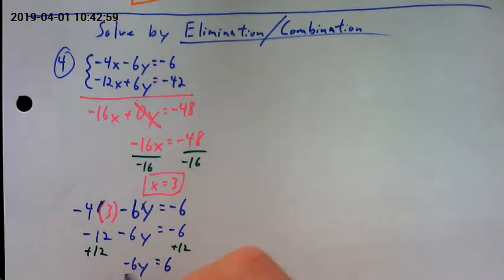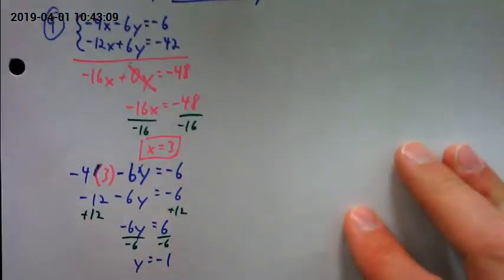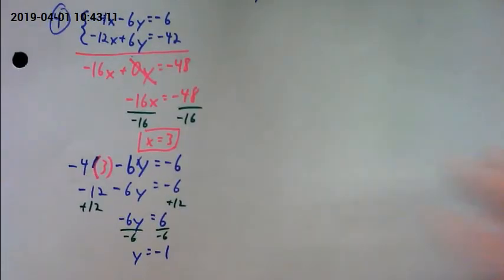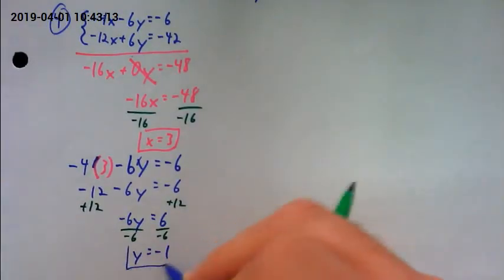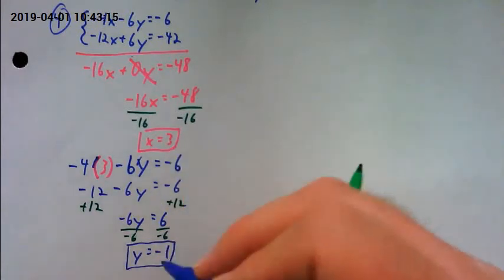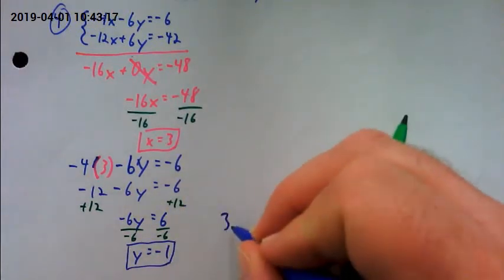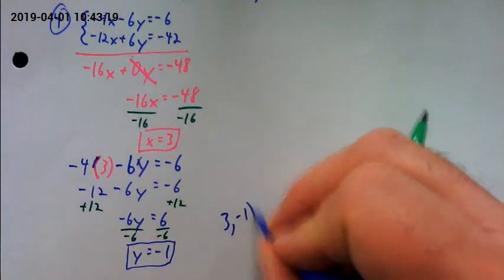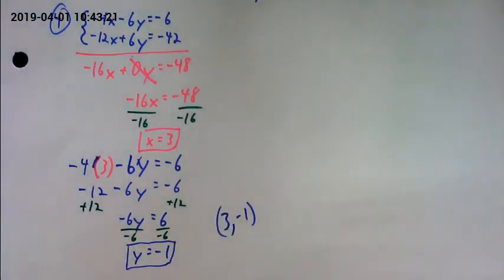And finally, get rid of this negative 6 by dividing it off. And y is negative 1. Oops. So our answer here is x is 3, y is negative 1. So we have the coordinate point 3, negative 1.